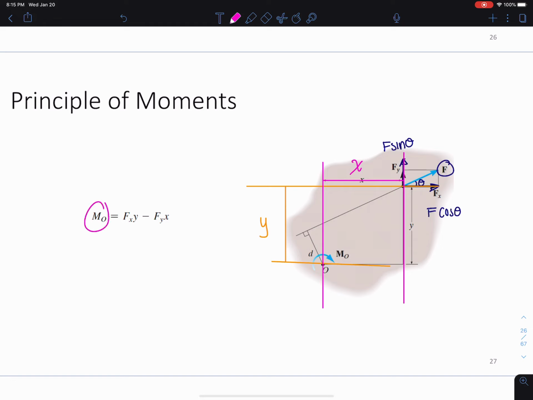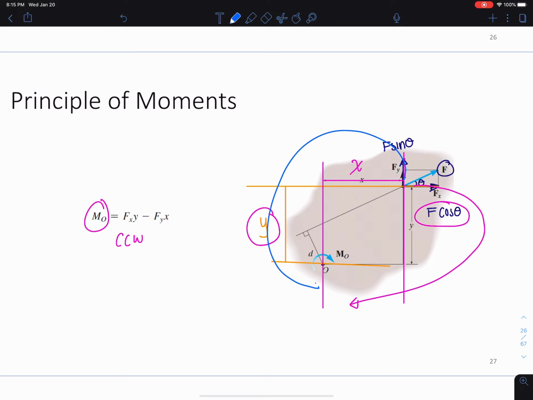And then my total moment would be Fx times y, basically this F cosine theta times y, and it'd be positive because, again, remember, this would be counterclockwise, and then this force here would be negative about O going in the other direction, and we said that's F sine theta.